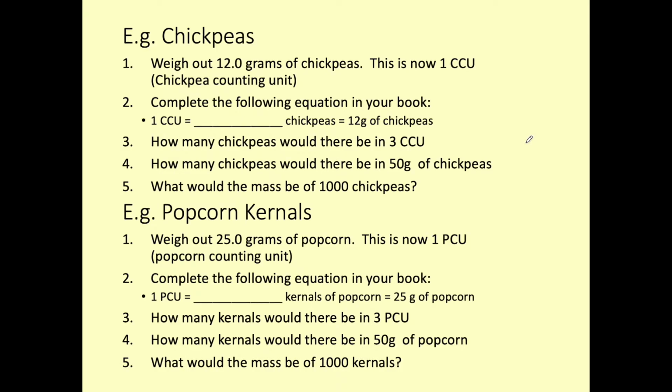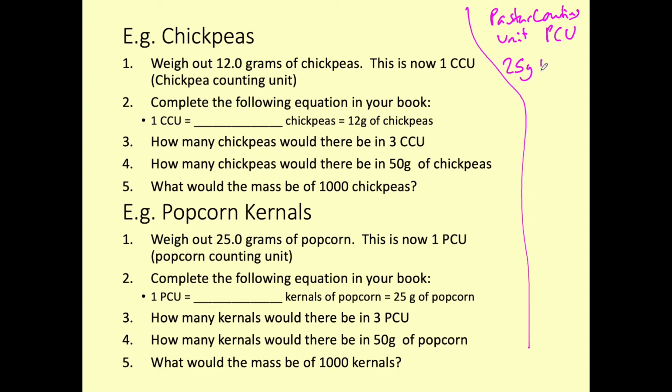Coming up with your own counting unit, so instead of a mole, we could talk about different types of counting units depending on what we're counting in. So an example that I have used is pasta, and I weighed out 25 grams of pasta, and there were 22 pieces of pasta in that 25 grams.